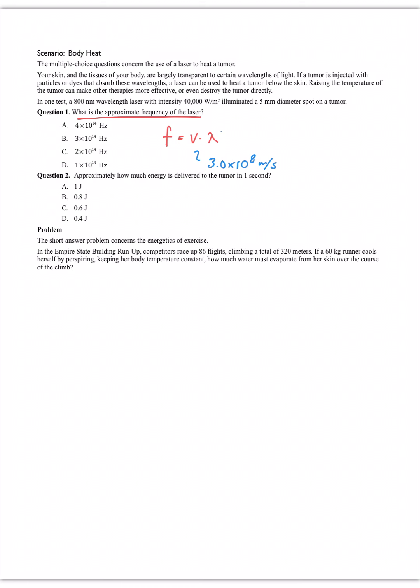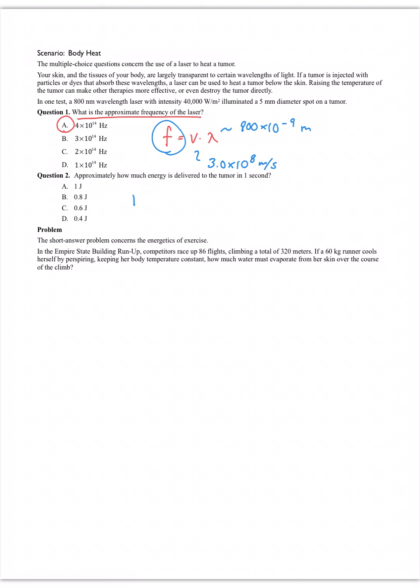You're told that the wavelength is 800 nanometers, or 800 times 10 to the minus 9th meters. With that information in hand, I can calculate the frequency, and I get a frequency of 4 times 10 to the 14th hertz.